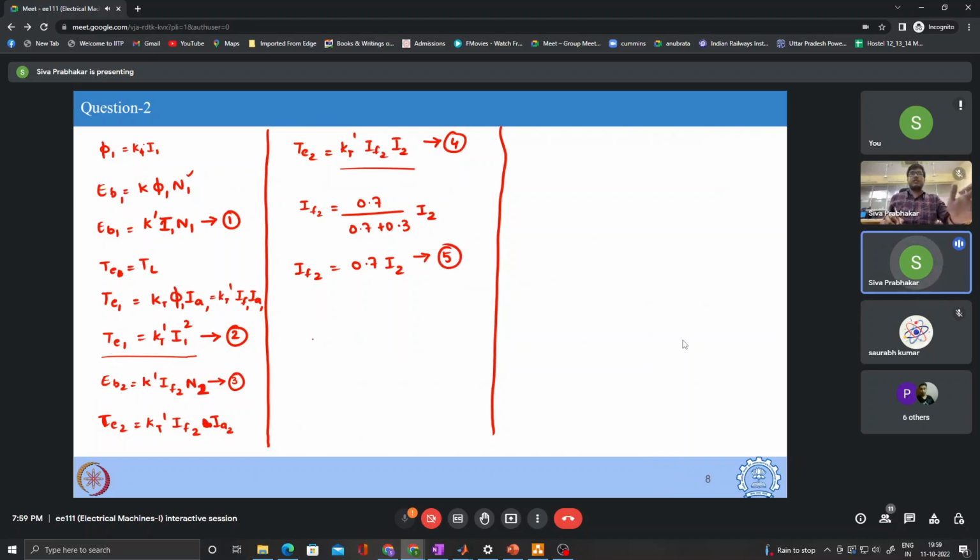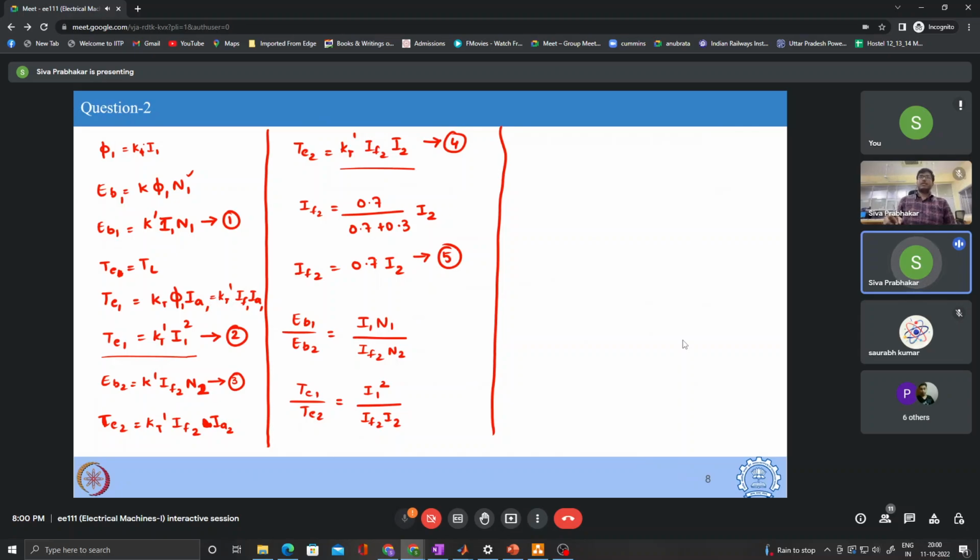Then, taking the ratio of the two EMFs, EB1 by EB2 is nothing but I1 N1 by IF2 N2. This is the first expression. The next expression is TE1 by TE2 equals I1 square by IF2 into I2.